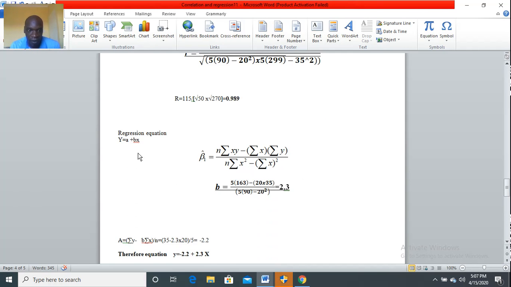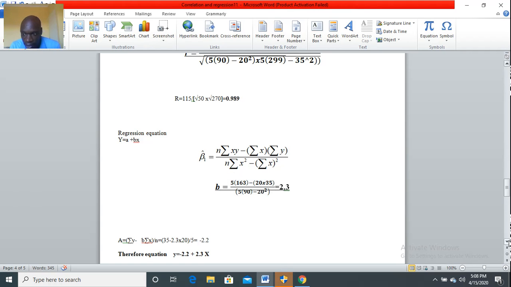Now this is an alternative way of showing the relationship. First we said scatter plot. Then the correlation, which should always be between -1 and 1. Then regression, where we use y is equal to a plus bx. So I look for b, this is the formula, and I substitute for a.